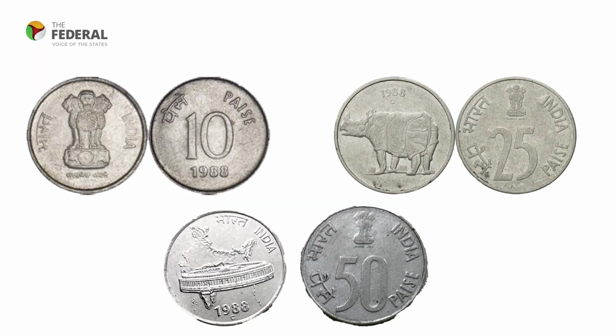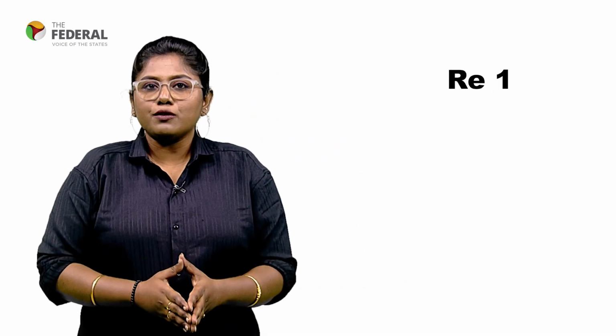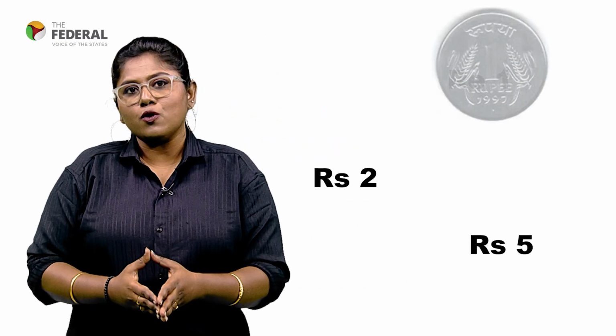Stainless steel coins of 10, 25 and 50 paise denominations came in 1988, followed by 1 rupee in 1992. In the 90s, 1 rupee, 2 rupee and 5 rupee notes were gradually replaced with coins.